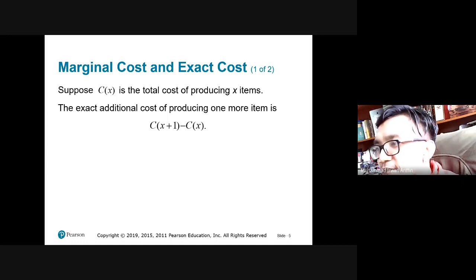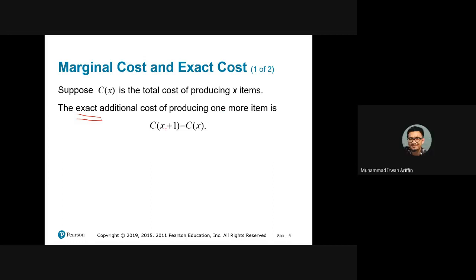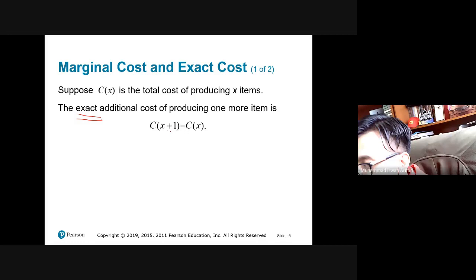So let's say we have a cost function C(x), which is the total cost of producing x items. Now the exact, so take note of the word exact, the actual additional cost of producing one more item is given by this, right? This is where we are changing from x, which is a given level of production, and we simply want to add one more item, one more unit of output.